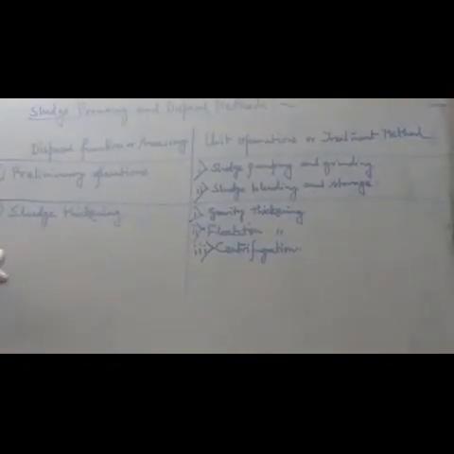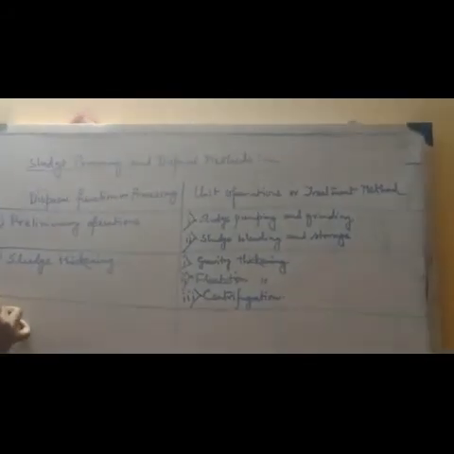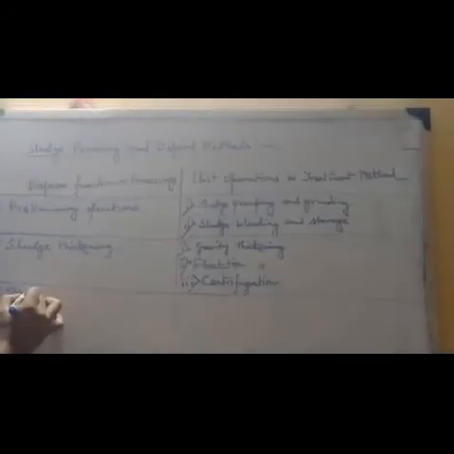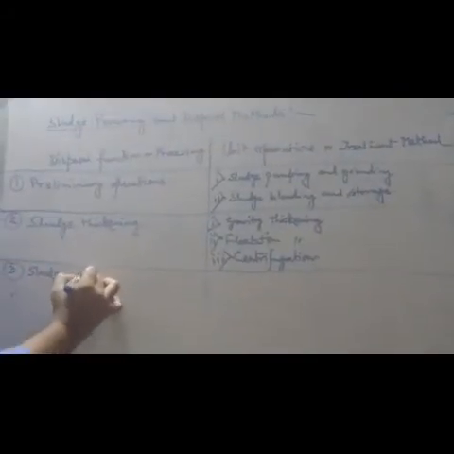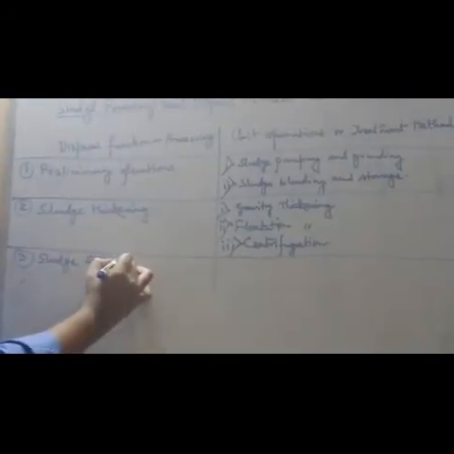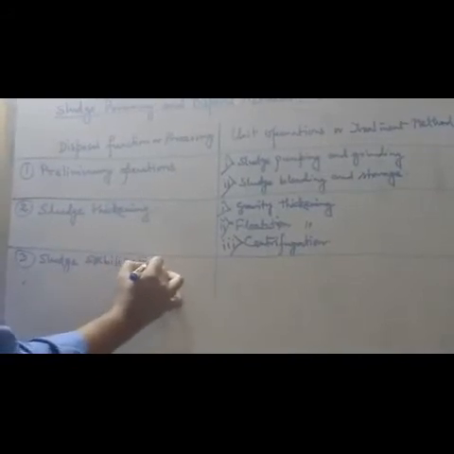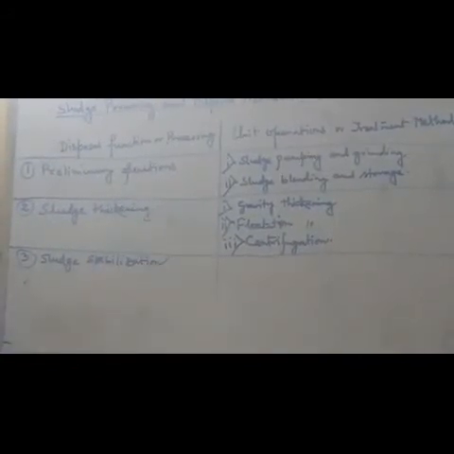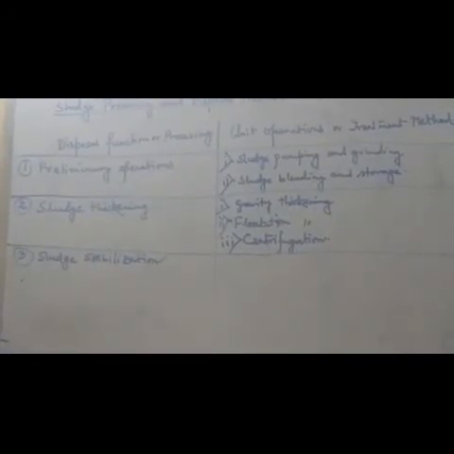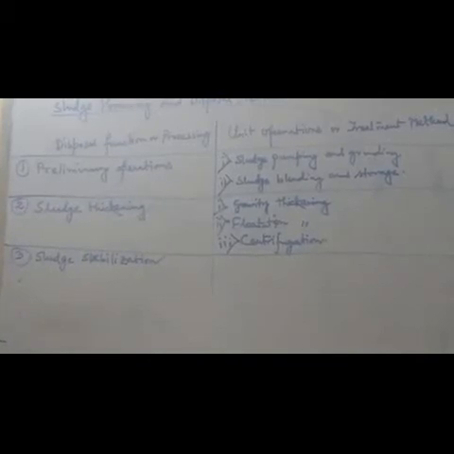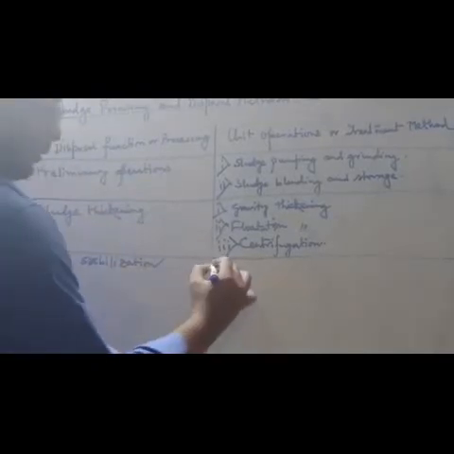After that we have to stabilize the sludge. So the next topic is sludge stabilization. The first is chlorine oxidation.